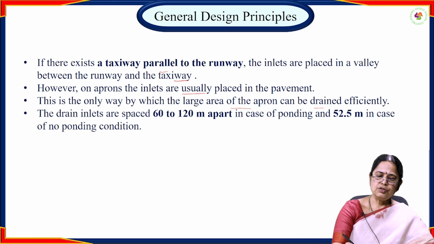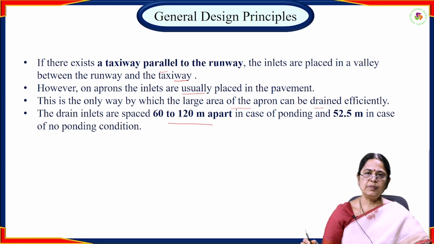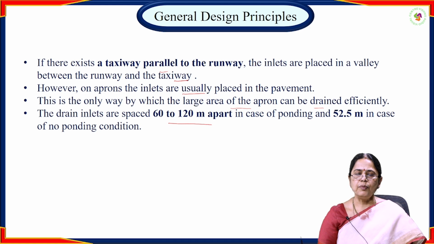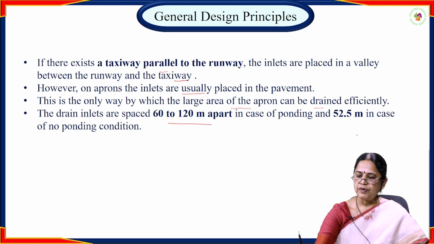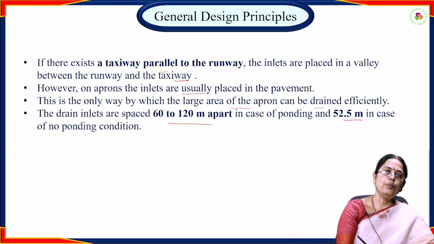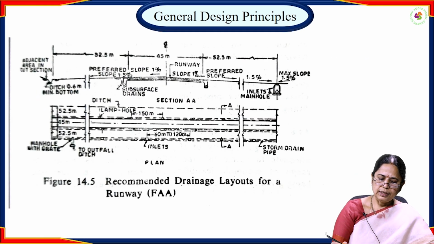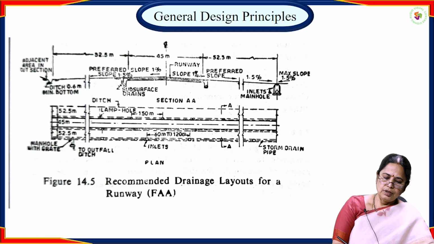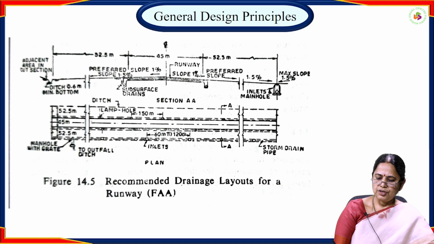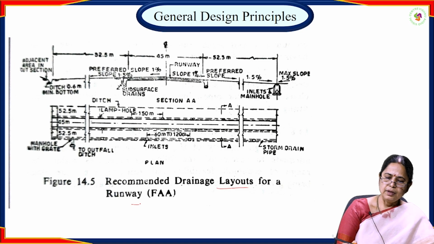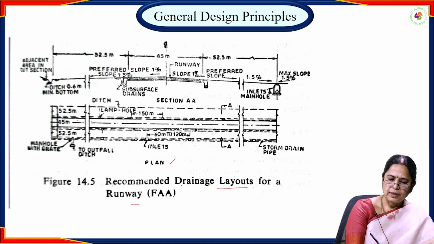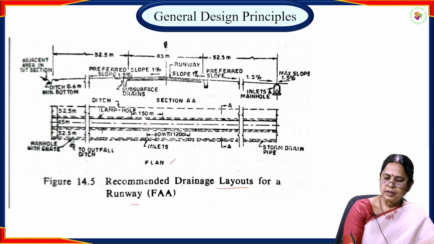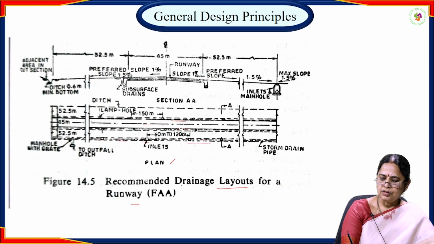The drain inlets are placed 60 to 120 meters apart in case of ponding and 52.5 meters in case of no ponding condition. Here this picture shows the recommended drainage layout for the runway. This is the runway, this is the center of the runway, and these are the drainage inlets placed here.